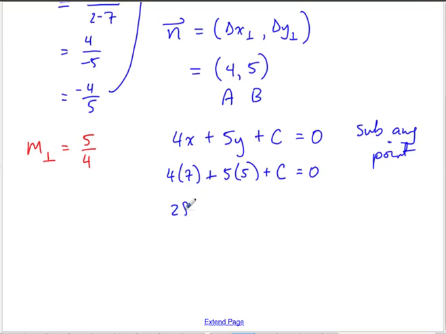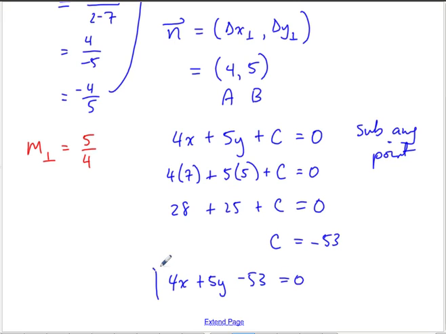And so I end up with 28 plus 25 plus c is equal to 0, and c is equal to negative 53. It wouldn't have mattered whether I used either point there. So therefore my Cartesian equation is 4x plus 5y minus 53 is equal to 0.